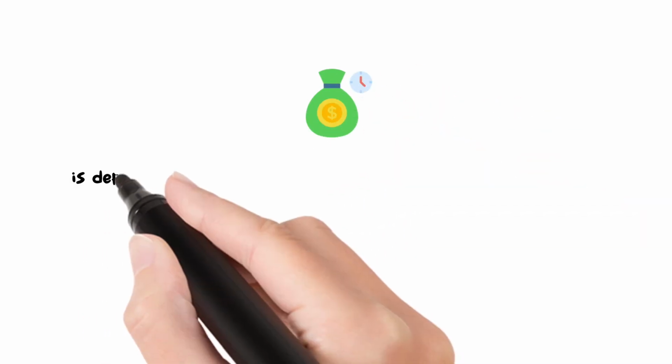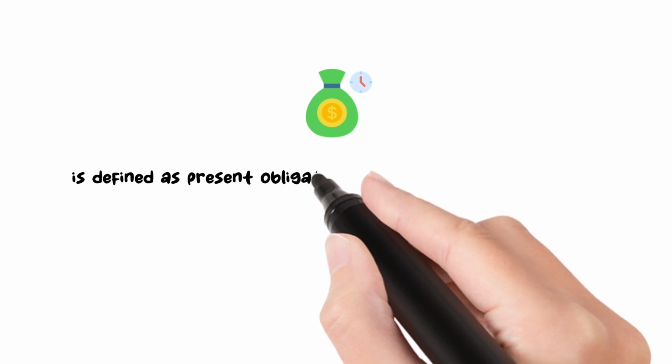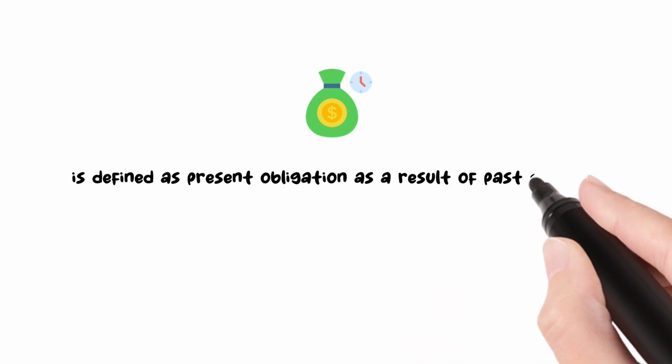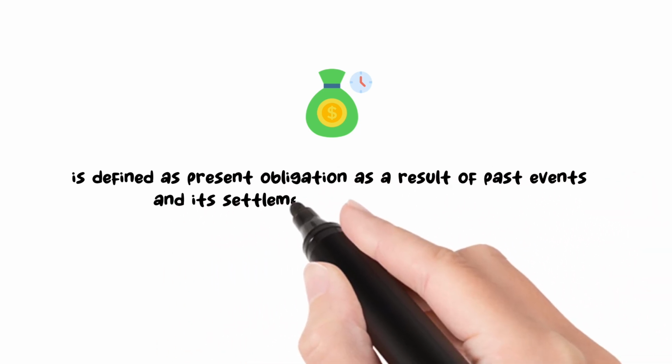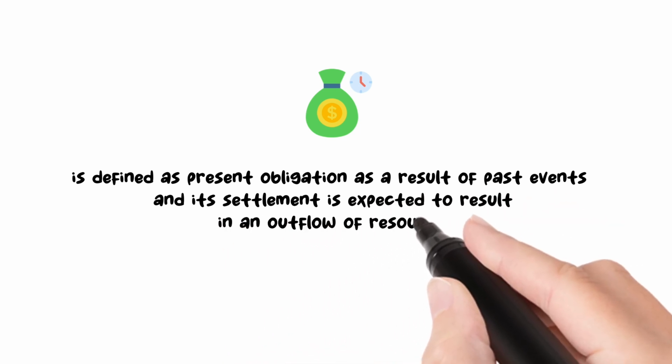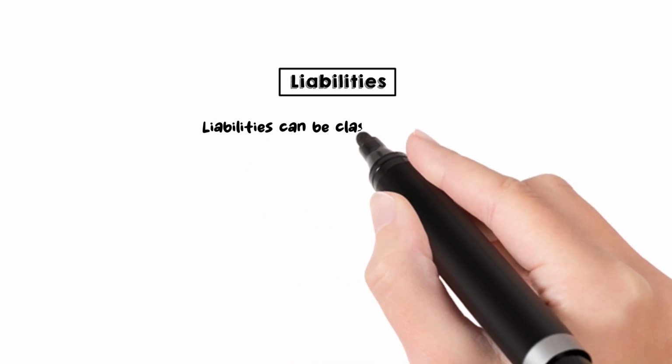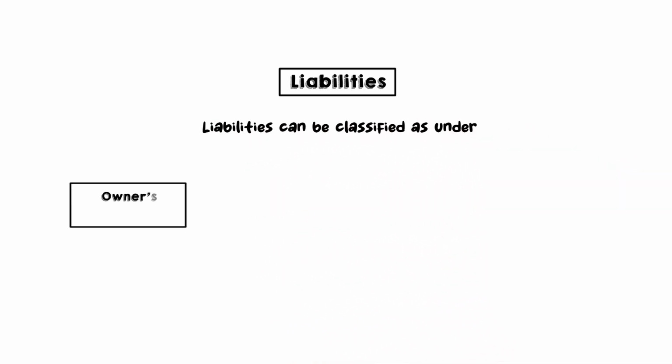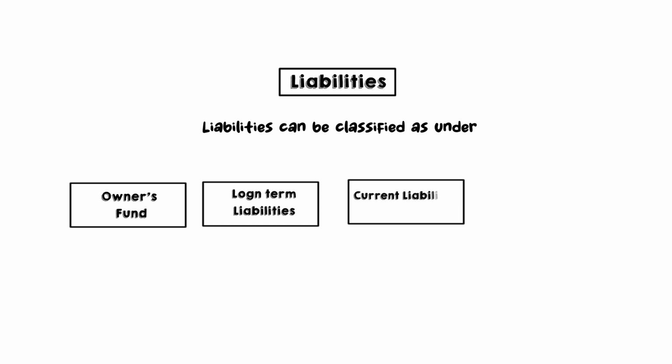A liability is defined as a present obligation as a result of past events, and its settlement is expected to result in an outflow of resources. Liabilities can be classified as under: owner's fund, long-term liabilities, current liabilities and provisions, contingent liabilities.